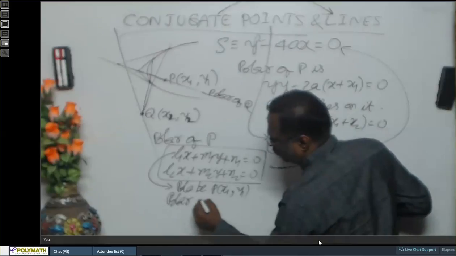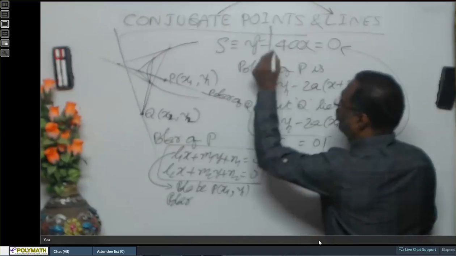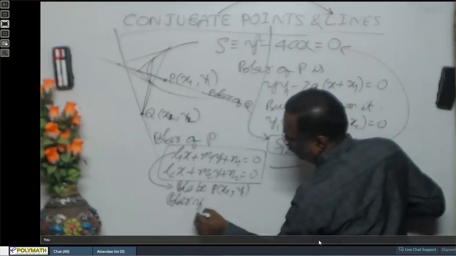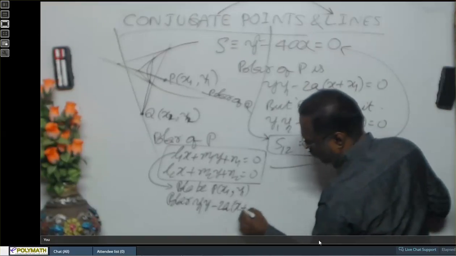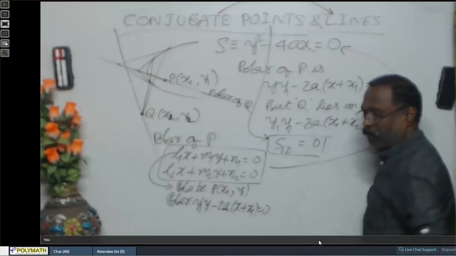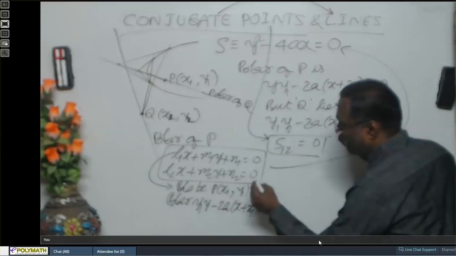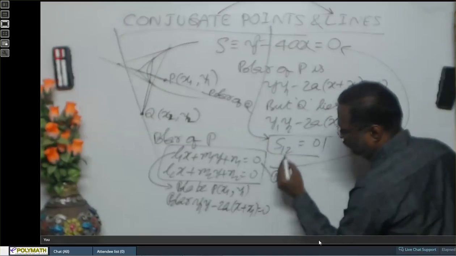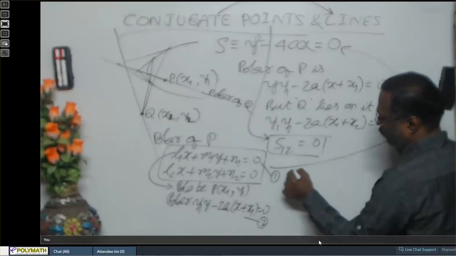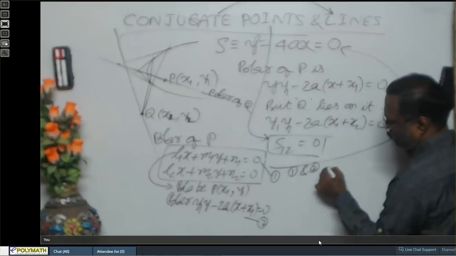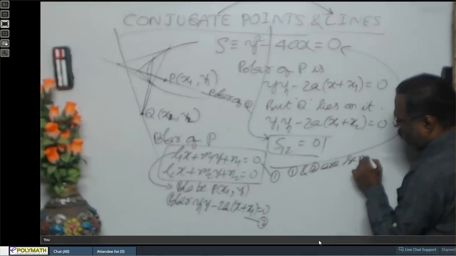Then what is the polar? Polar, S1 equal to 0 for this. That is y1 minus 2a into x plus x1 equal to 0. This is the polar we have got. But the polar is already given. This is 1. This is 2. 1 and 2 are same. Come on, compare it now.